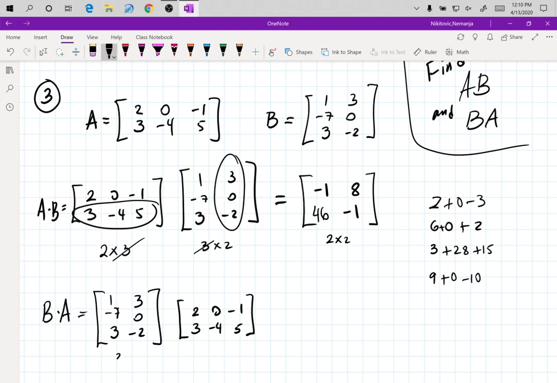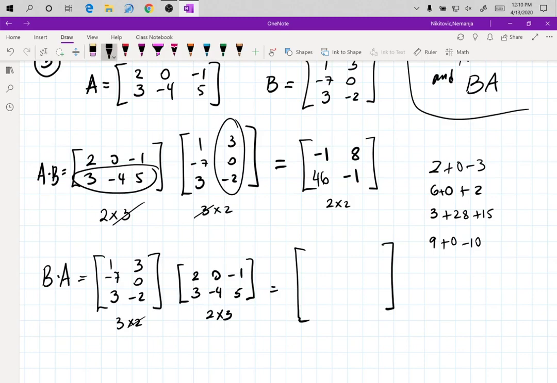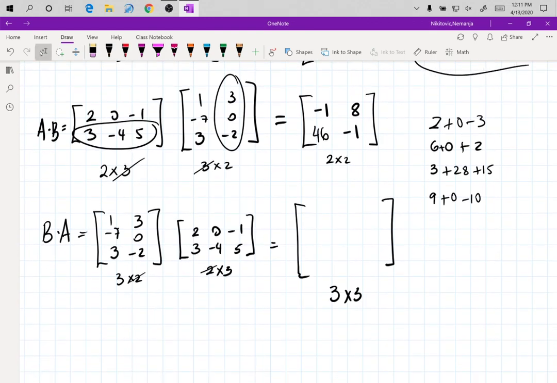So this is 3 by 2, this is 2 by 3, and what are we expecting over here? 3 by 3. Well, that's not going to be the same as this, right? Because even the size doesn't match. We don't even have to compute values. We see they're not going to be the same.